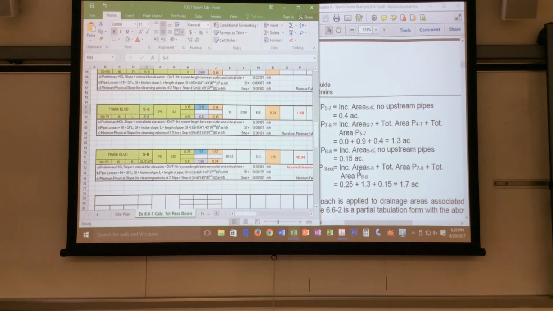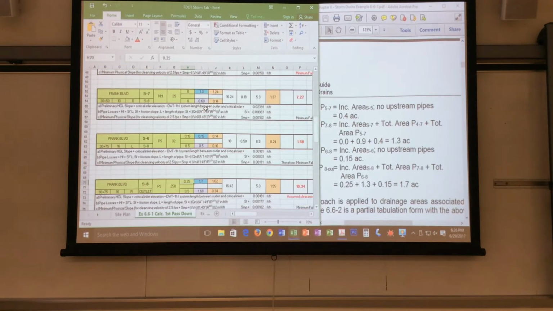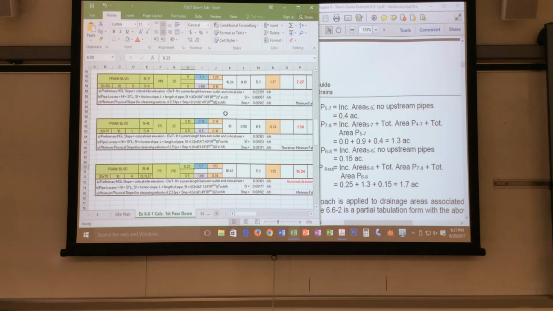The next one is going to be area from 8 to out. So it's incremental from what's discharging to 8, that 0.25, and the previous area that was going to 7. And this is what I'm saying about performance. So let me switch.